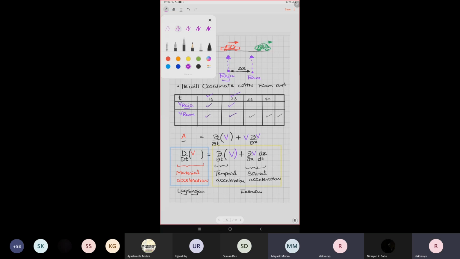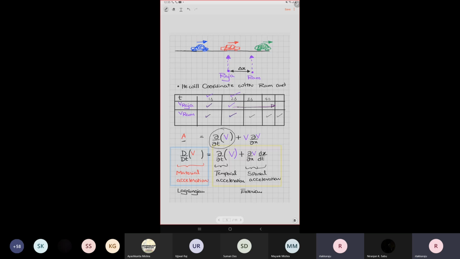Yes, sir. It's clear. So only Raja is measuring some velocity as a function of time. Only on that are we going to calculate any operation. Now, because I have velocity as a function of time at Raja's location, I will be in a position to calculate over time what is del V by del T. Del by del T is basically straightforward differentiation.